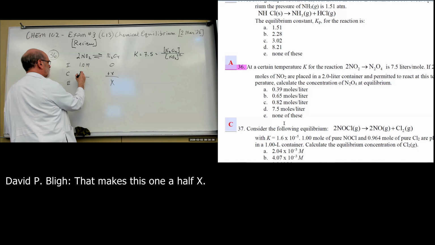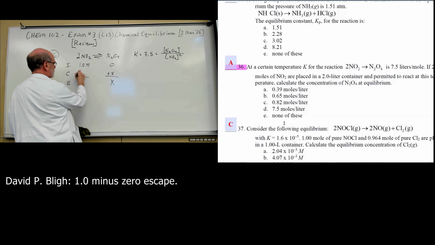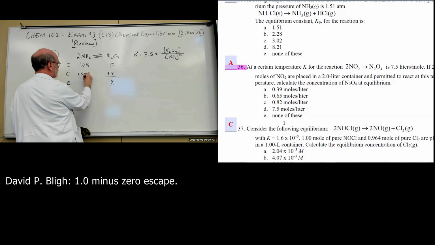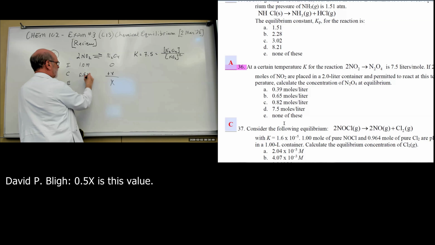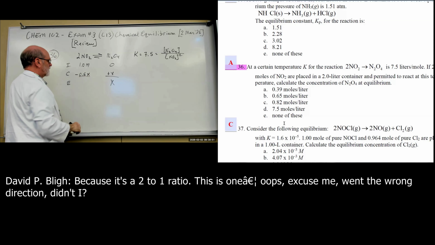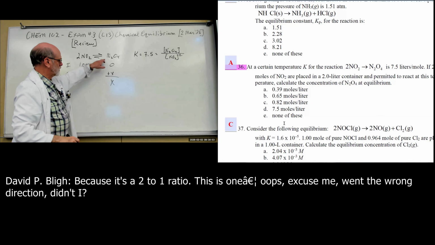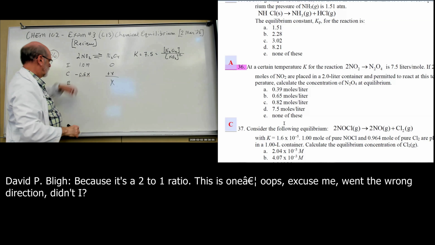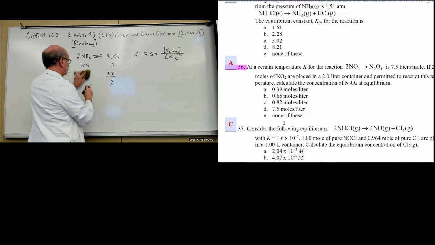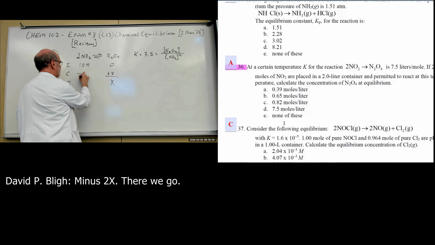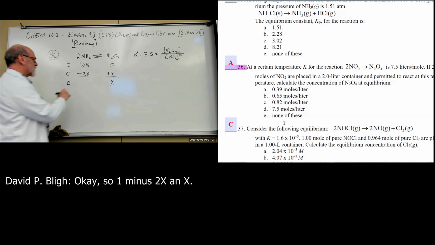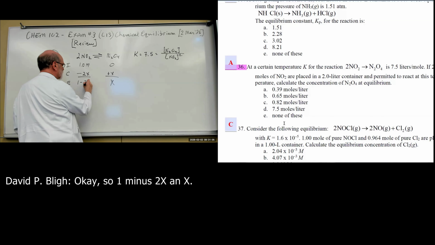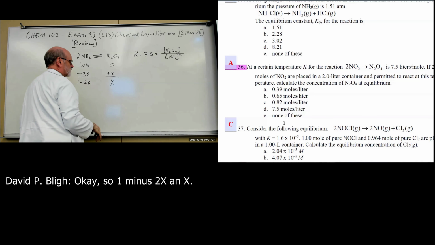That makes this one a half X. 0.5 X is this value, because it's a 2-to-1 ratio. This is 1 minus 2X. There we go. Okay, so 1 minus 2X and X.